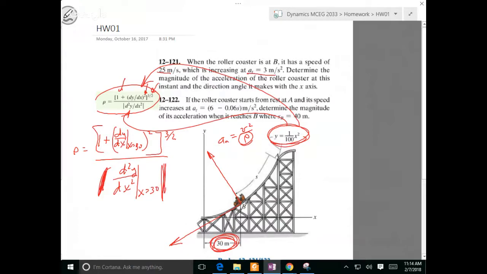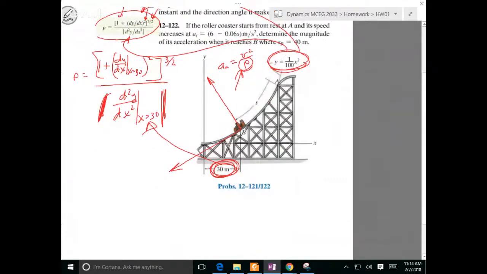That's the big key, it has to be evaluated where you're at. Once you've got that, your biggest issue is finding that rho, because then you just take the 25 squared, and if you want to know that, it's 25 squared over whatever you got for that number over here.